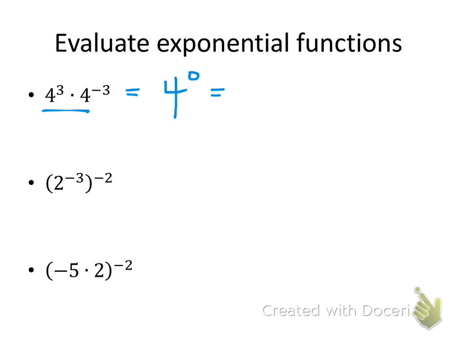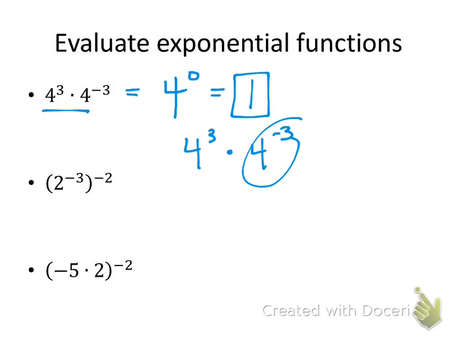1. Always 1. Now you say, okay, well, I didn't do that. I did it like this. You did 4 to the third power times 4 to the negative third. So you said, okay, I need to make that reciprocal. So I do 4 to the third times 1 over 4 to the third.